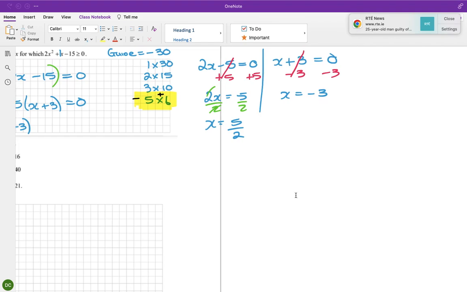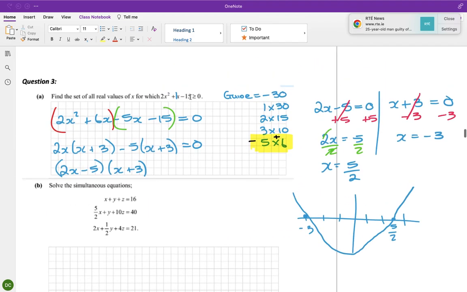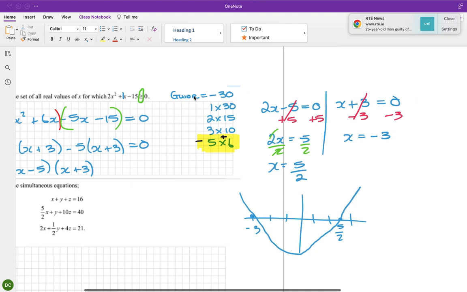It's an inequality, so I need a range, so I need to sketch it. So 1, 2, 3, there's minus 3, and 1, 2, 3, there is 5 over 2. My sketch, that's horrific. So I'm going back over here, and I'm looking for where this is greater than 0.